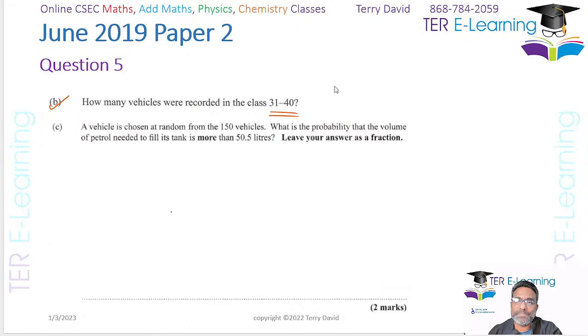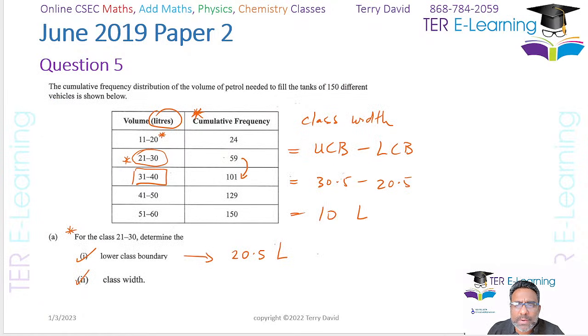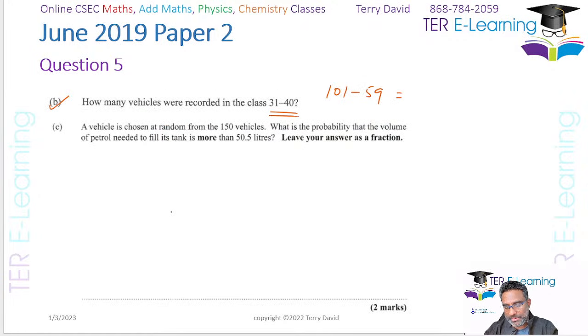So this is going to be 101 minus 59, and you're going to get 42. So that's how many vehicles in that interval. You have to be careful with that.